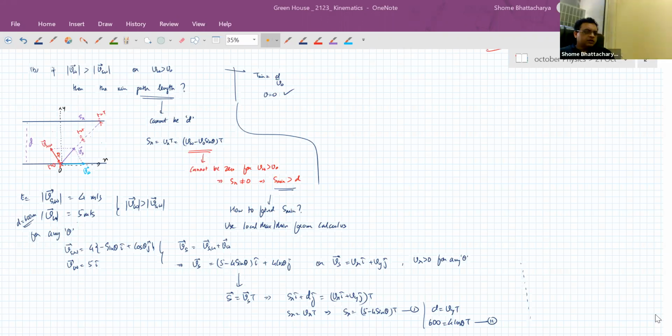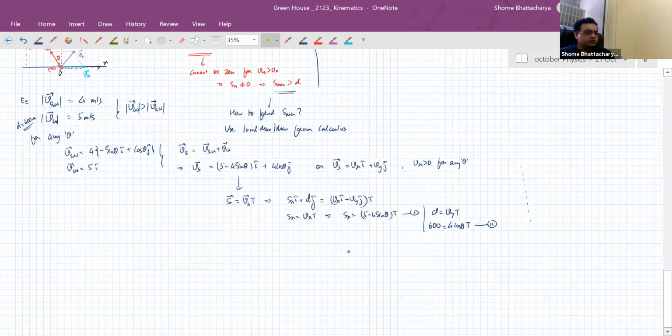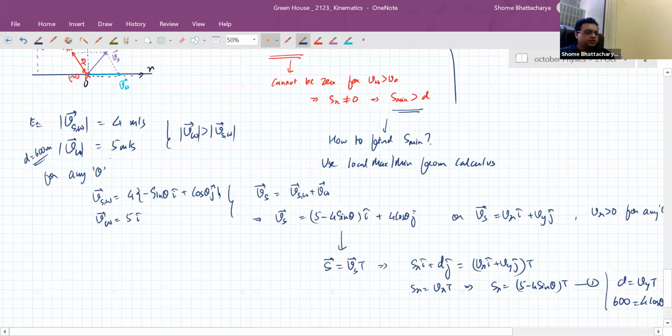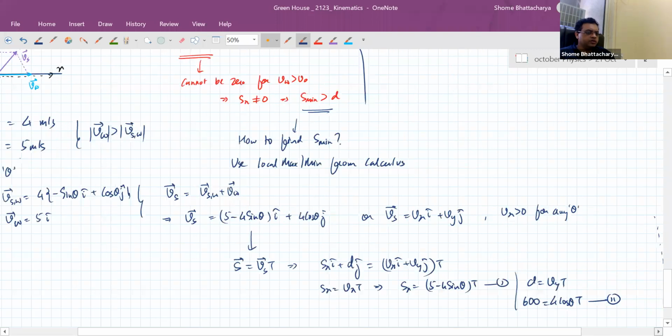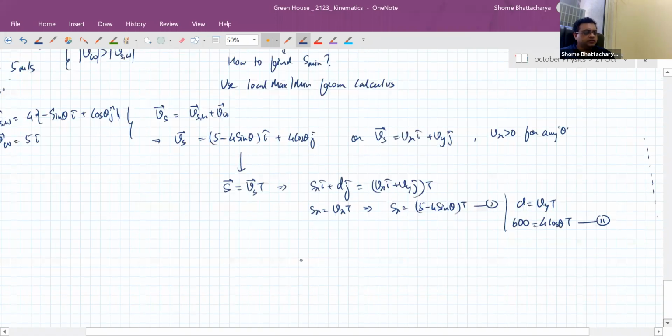Okay, so now let's see how we will set up the condition for the displacement to be minimum. In this set of equations, once you've reached this point where you understood equations 1 and 2, you can see that the magnitude of your net displacement, this is your path length, is basically equal to what?